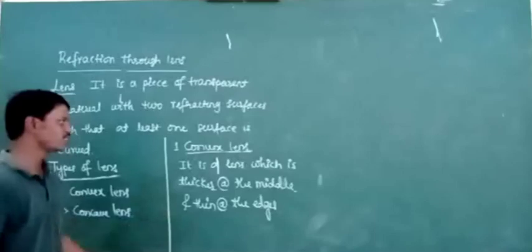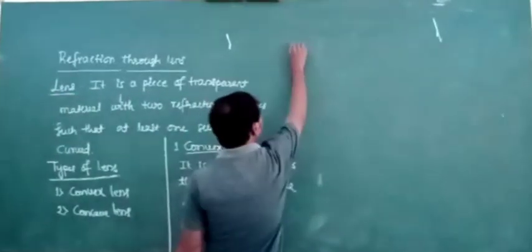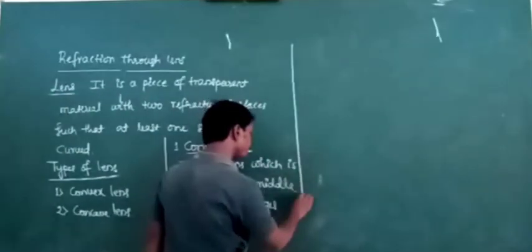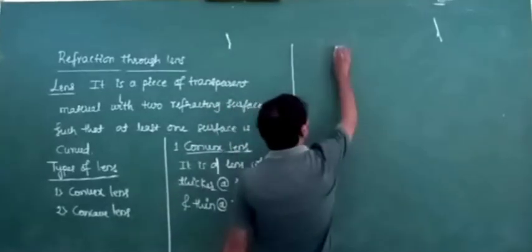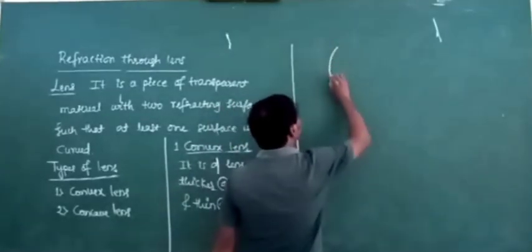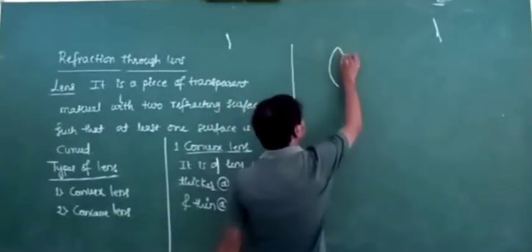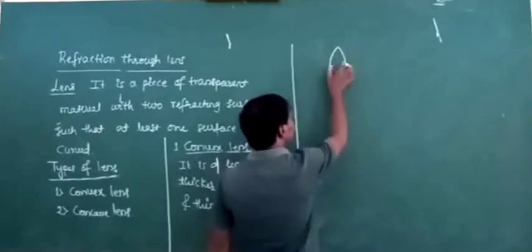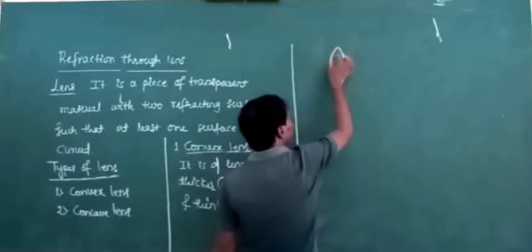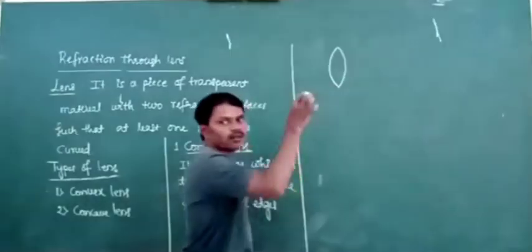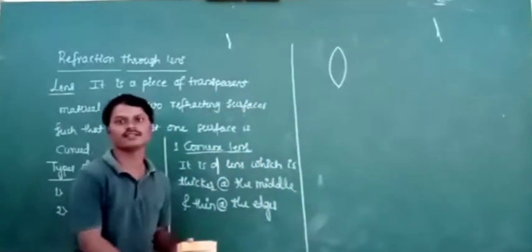Now let us draw the diagram for convex lens. It is a convex lens which is thick at the middle and thin at the edges or corners. This lens is called convex lens.